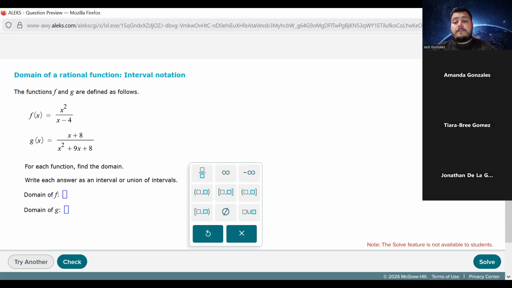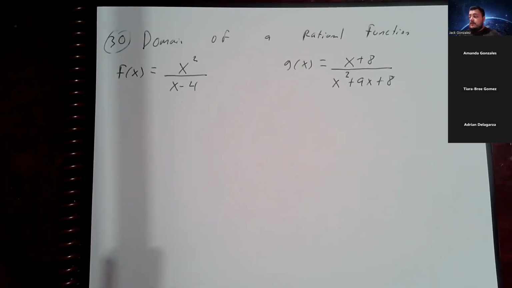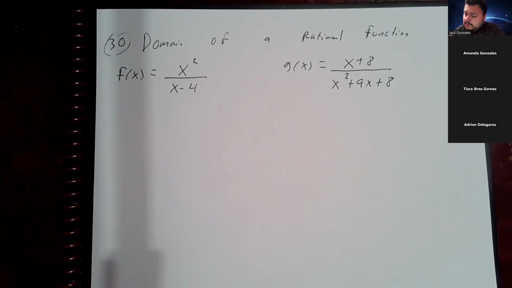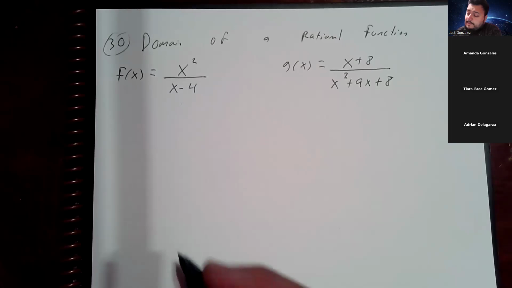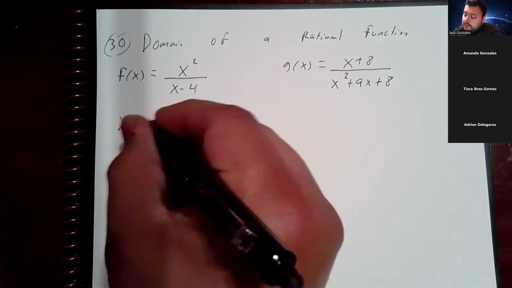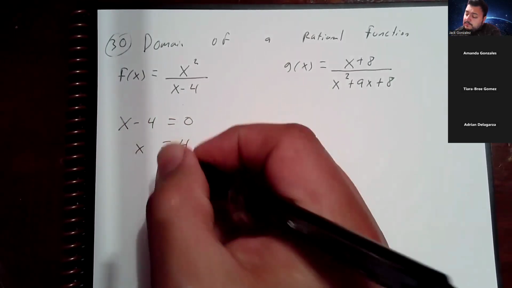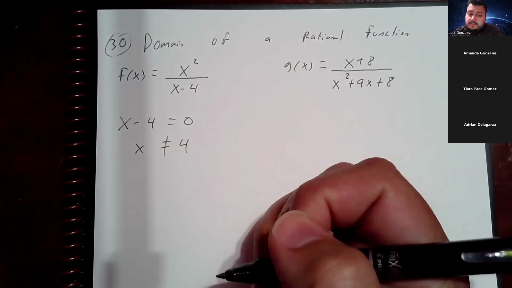All right, so for f, remember we said whenever you have these kinds of questions, set the denominator equal to 0 because that's going to tell you what can't be used. So x cannot be equal to 4.